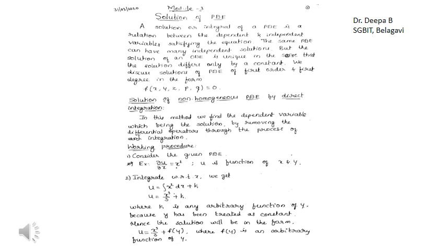So k is f(y). u = x³/3 + f(y), which is the required solution of the given PDE, ∂u/∂x = x². Note: if you are integrating with respect to x, you have to take the integrating constant as a function of y. If you are integrating with respect to y, you have to take the integrating constant as a function of x. That is very important.